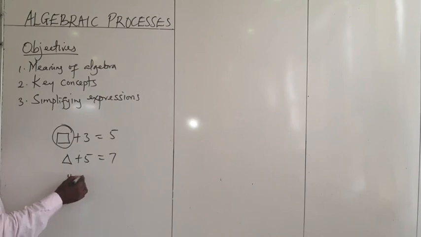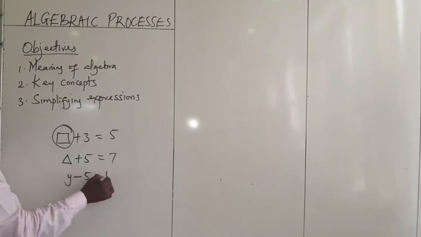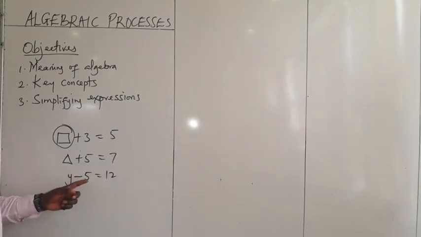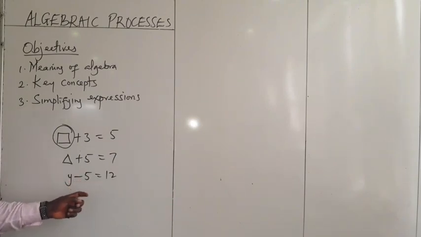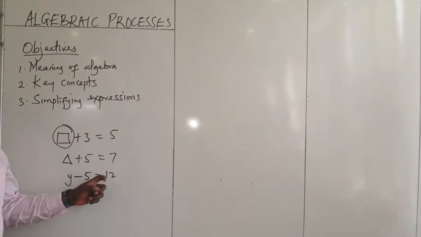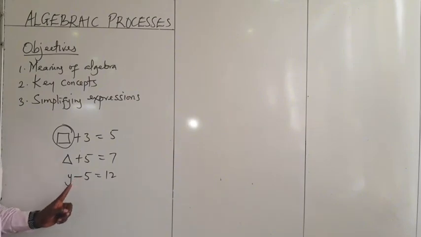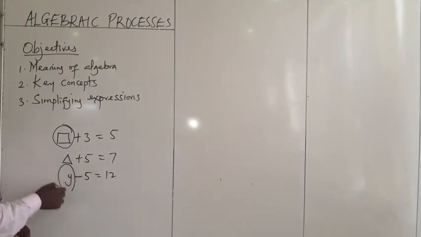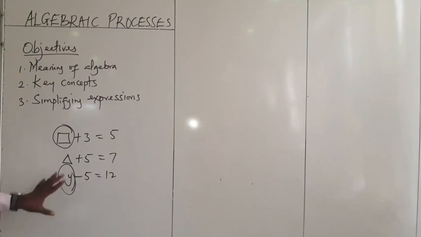We have y minus 5 equals 12. That is, what number will 5 be subtracted from to get 12? That is the value of y. So the y here is representing a number. This all refers to algebra.